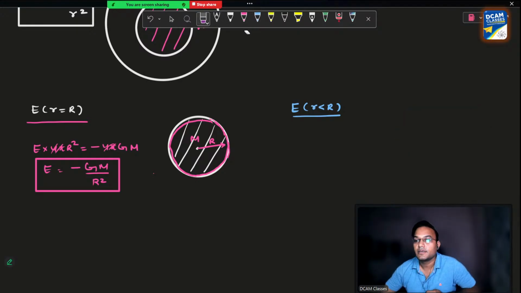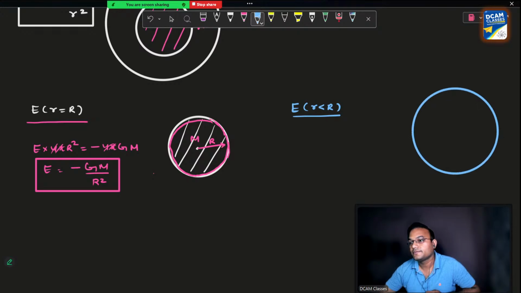Just wait. This is your solid sphere, solid earth, and you have to find out the field at a distance r from it. Let me draw the Gaussian surface here first.